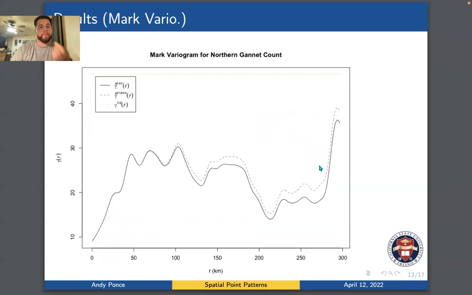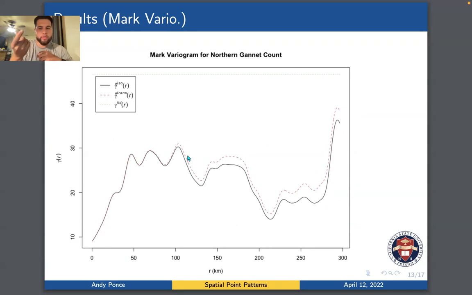Now let's talk about the mark variogram. And so here we're looking at how similar two marks are. So remember, our marks are numbers here. So the closer the numbers, the smaller this value over here, because the mark variogram actually subtracts these numbers within its equation.